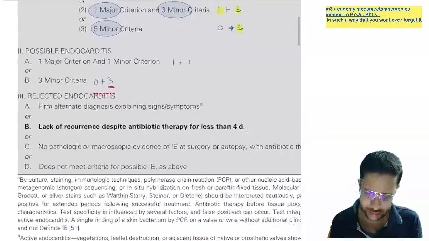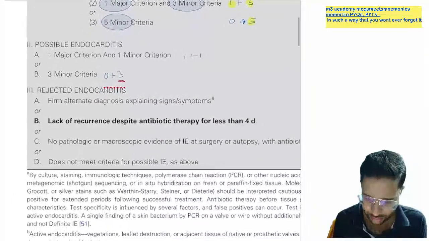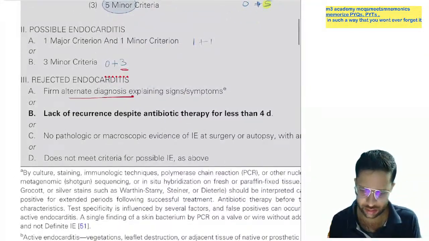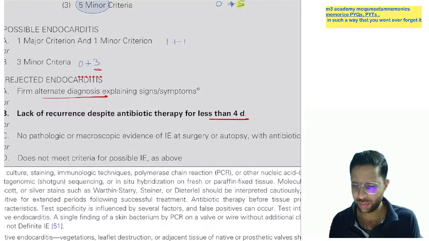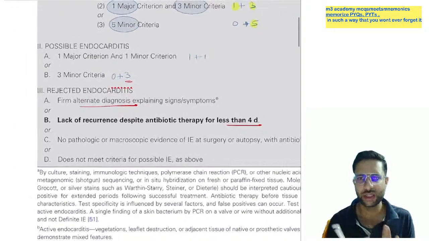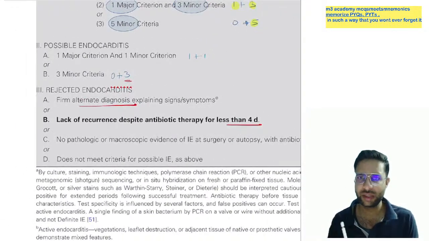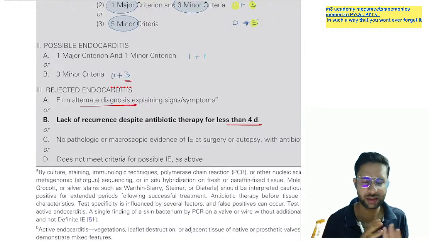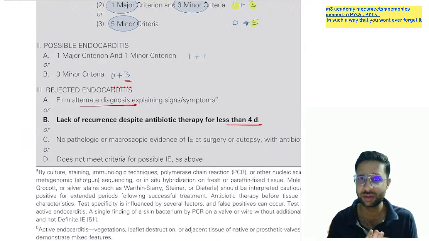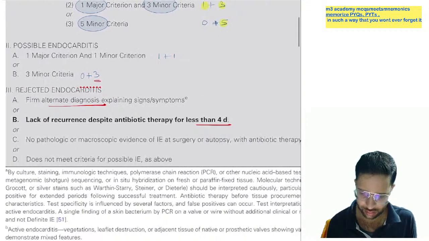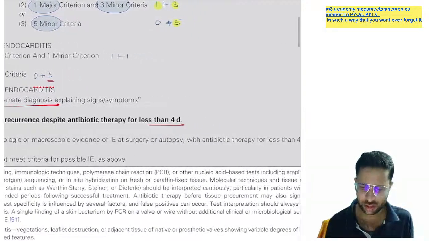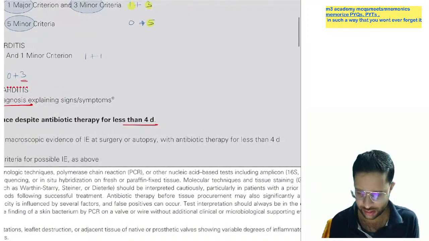Rejected endocarditis is when there is an alternative diagnosis explaining the signs and symptoms, or lack of recurrence with antibiotic therapy for less than 4 days. So if a patient recovered with less than 4 days of antibiotic therapy, then this is not infective endocarditis. If there is an alternative diagnosis explaining the signs and symptoms, you can exclude infective endocarditis. Also no pathological or microscopic evidence of infective endocarditis at surgery or autopsy.